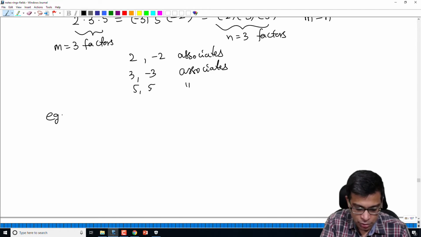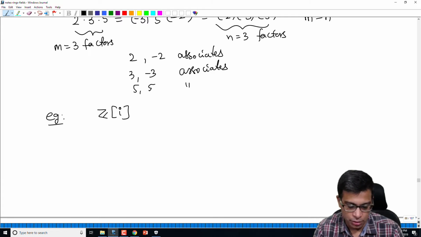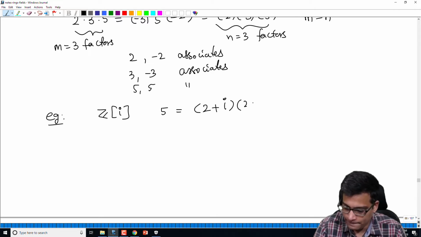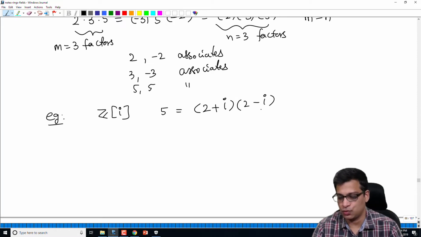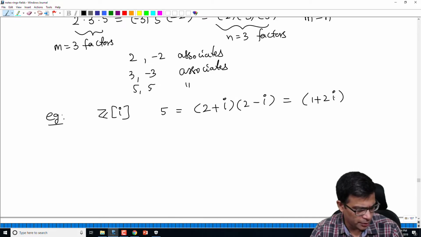Another example, I will write Z[i], which I told you as a fact last time is a PID. In fact, it will turn out to be a UFD also after we prove that every PID is a UFD. But in this ring, we have 2 plus i times 2 minus i is 5, because 4 plus 1. But this is also equal to 1 minus 2i and 1 plus 2i.